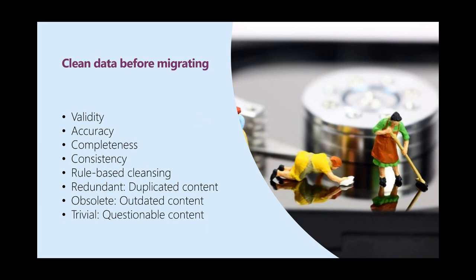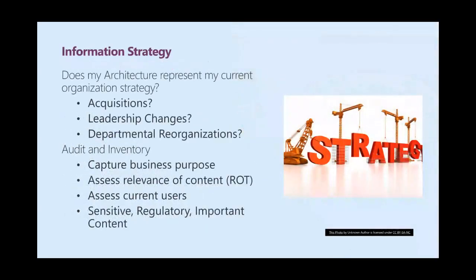So let's talk about the information strategy. It's important that you talk with your C-level also and your COO about the future of your company, because maybe you're already sure about your scope, but it can be that the leadership is planning new acquisitions, company reorgs, changes in the leadership.